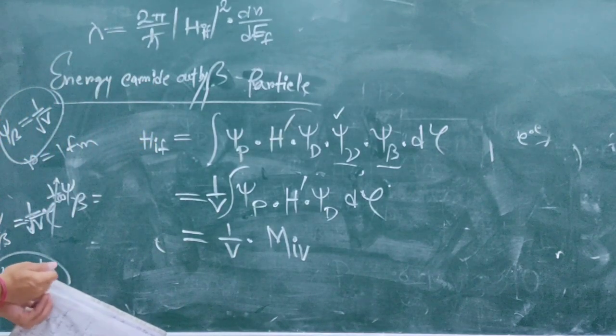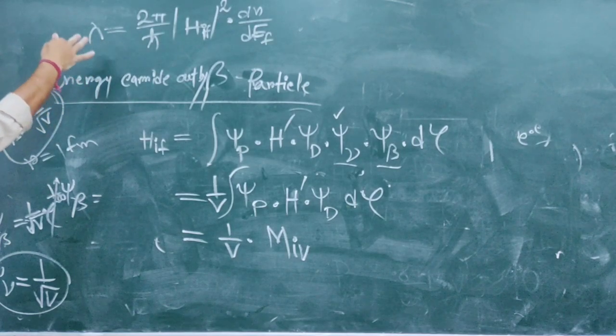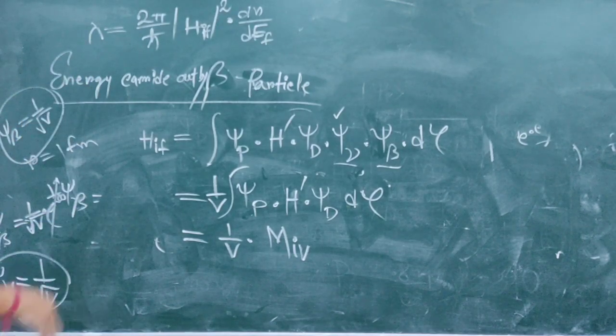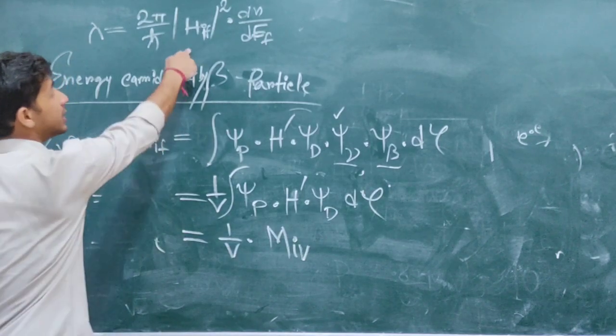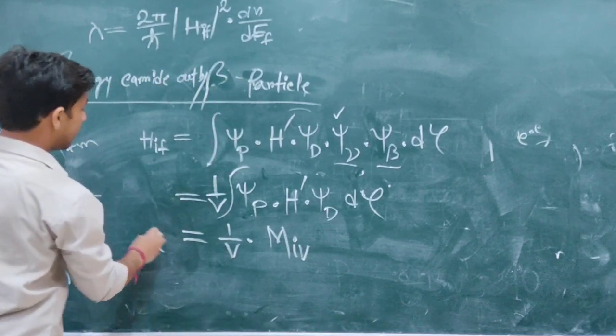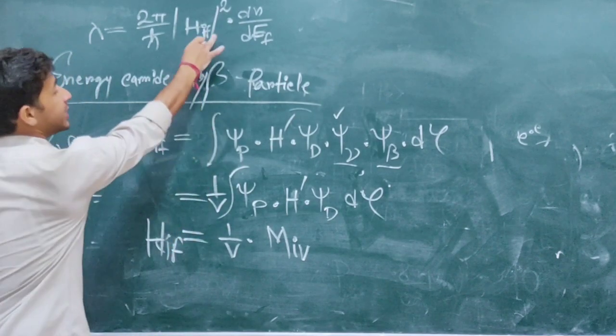So we have to get the transition probability, we have to put this H_if value in this equation. So we are putting H_if from this equation to here.